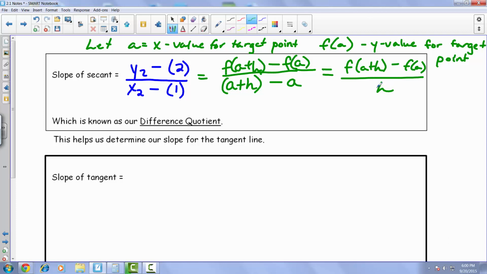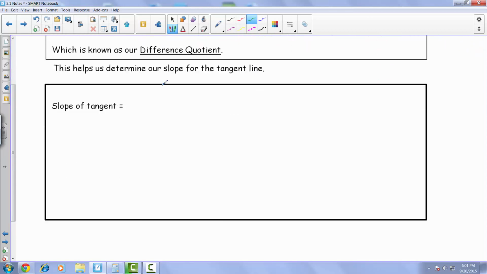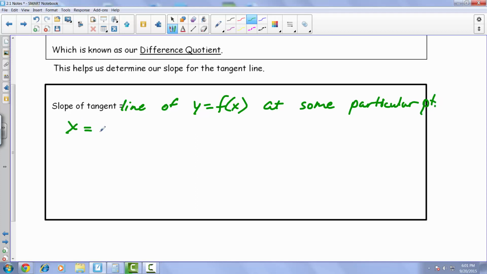Now for the slope of the tangent line of a function at some particular point, we'll call that target point's x value A, which again is a constant.